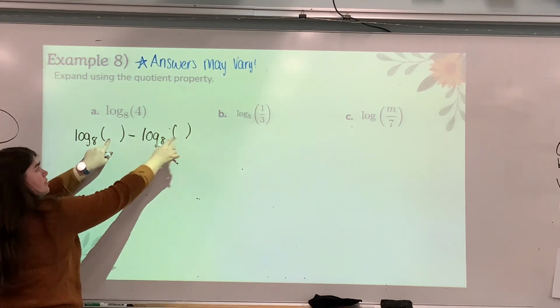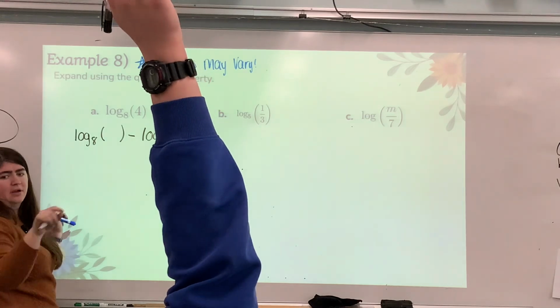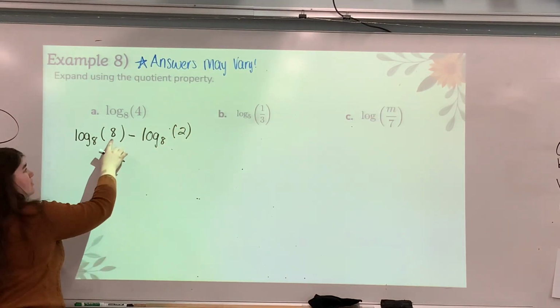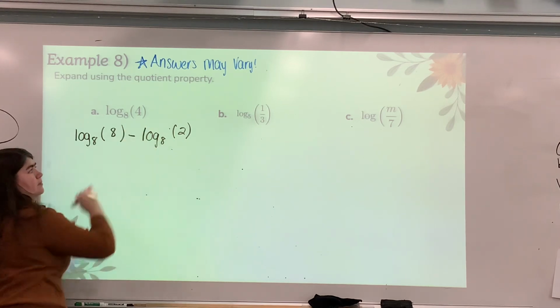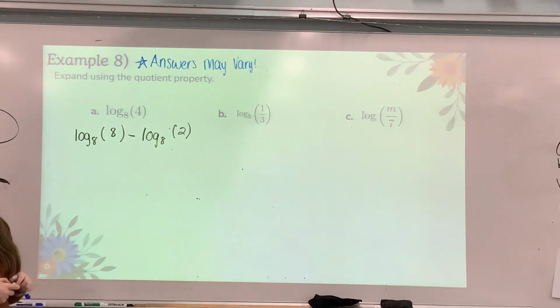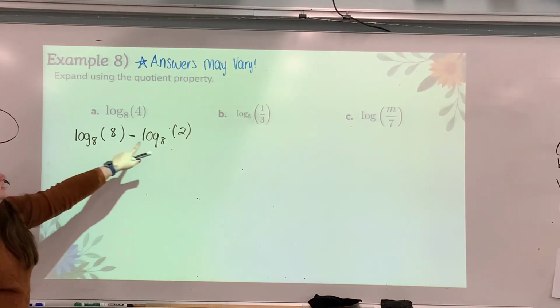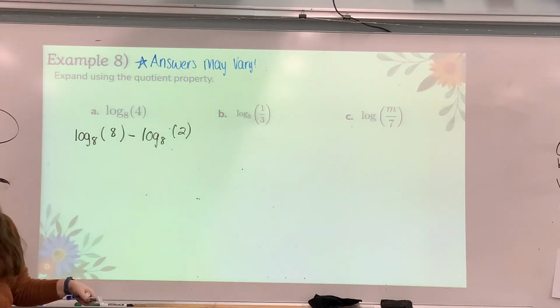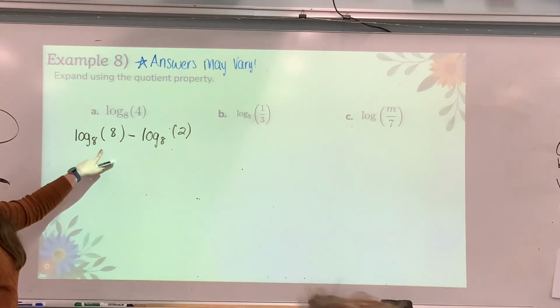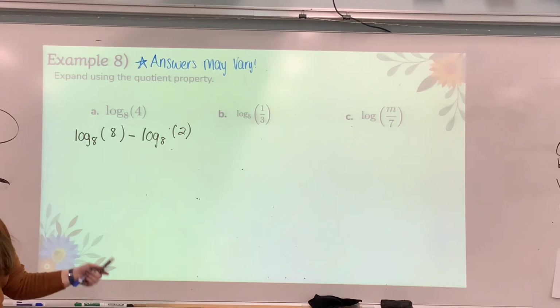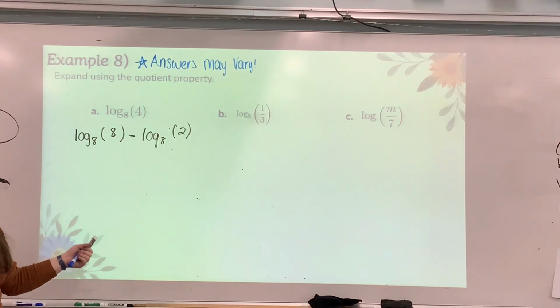These two things, when you divide them, need to equal 4. 8 and 2, because 8 divided by 2 is 4. You could also do 16 and 4. You could also do 28 and 7. There's lots of options on these.